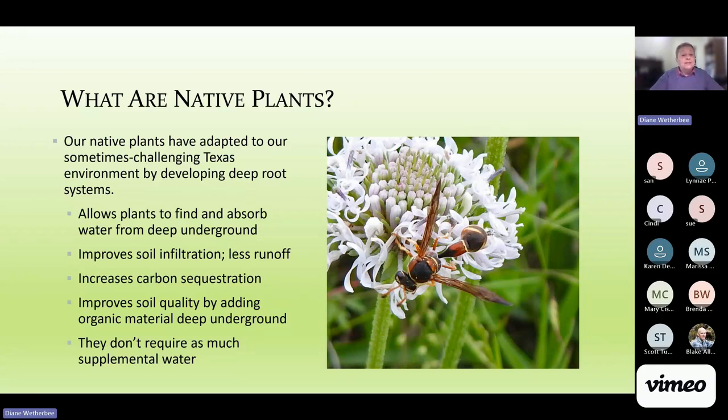But most importantly, they don't require as much supplemental water. And that's important to our pocketbooks because we don't have to pay as much for the water. It's also important because you might find it odd that water companies keep encouraging us not to water, right? Because you would think that they would get their money from people increasing their water use.